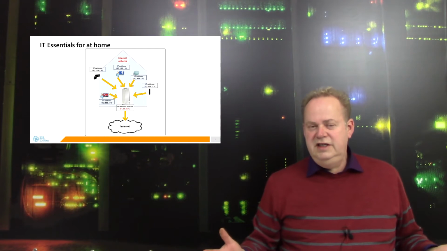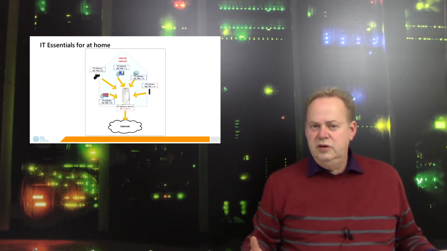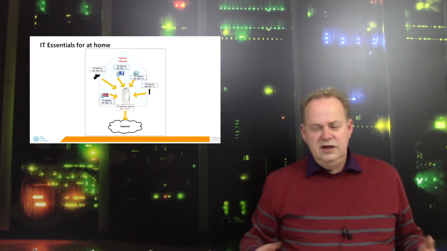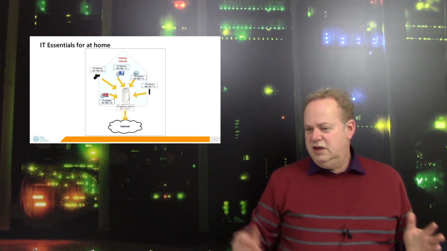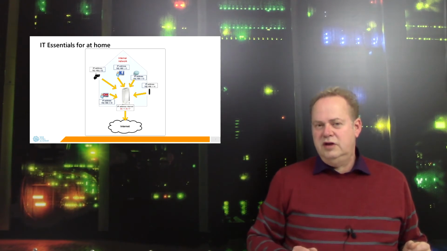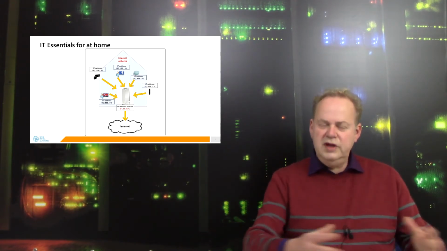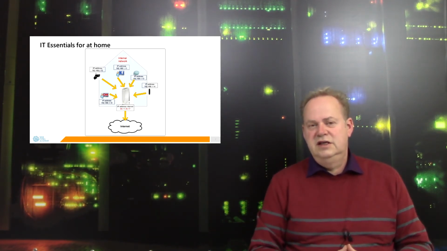And maybe you've seen this IP address, 192.168.1.10. These are IP addresses, you could say, behind your router, in your house, from your internal devices.